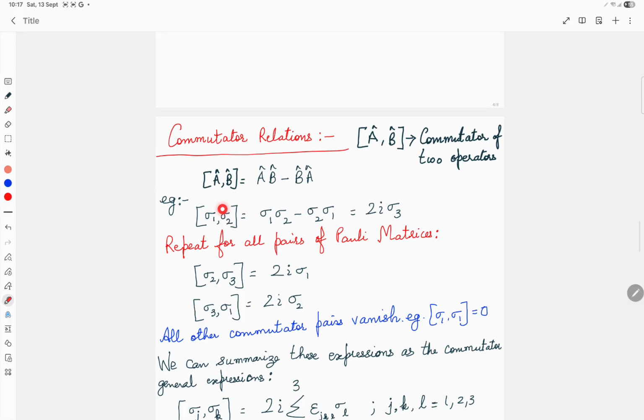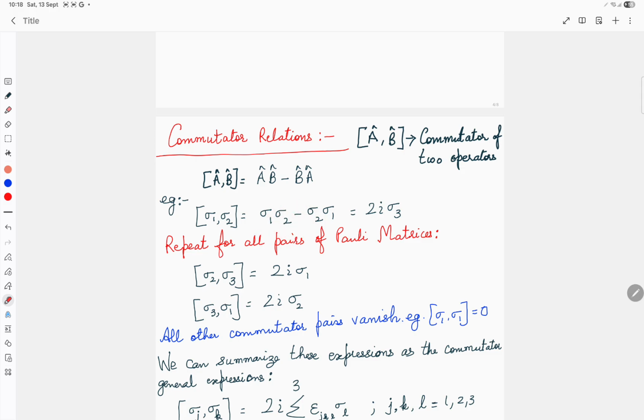Now if we try to find out the commutator values for the three Pauli matrices, let us say first between sigma 1 and sigma 2, it will come out to be 2i sigma 3. And if we try to find sigma 2 and sigma 3, it will come out to be 2i sigma 1. We can easily prove this by putting in the values of the Pauli matrices.